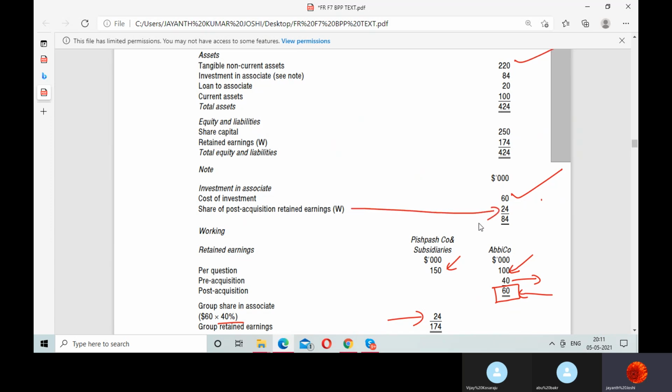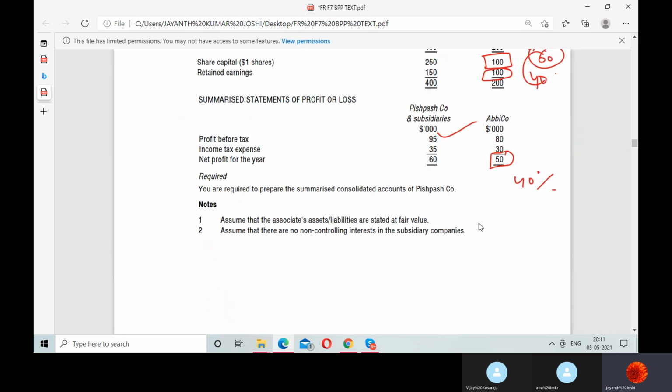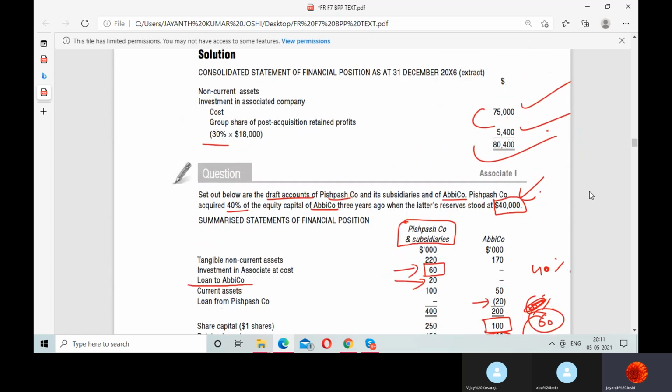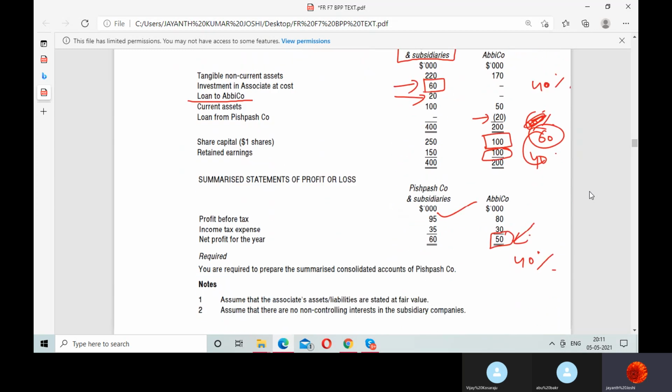So why are they getting this? See, this is what they got from their profits, correct? Net profit for the year. This net profit for the year would be transferred to the retained earnings, and this is the retained earnings of the draft account.